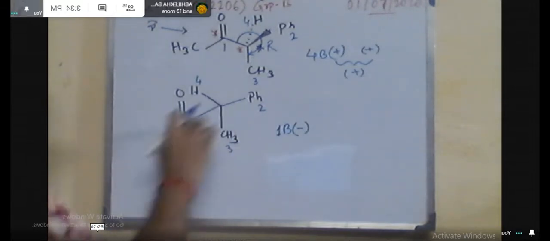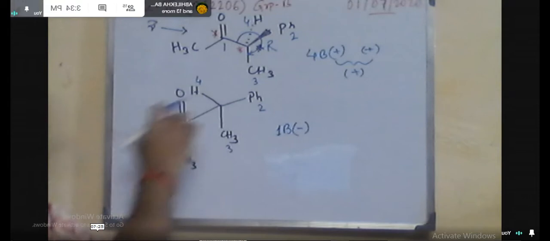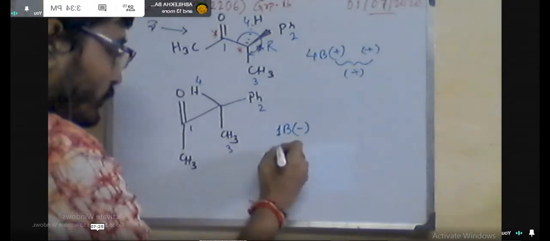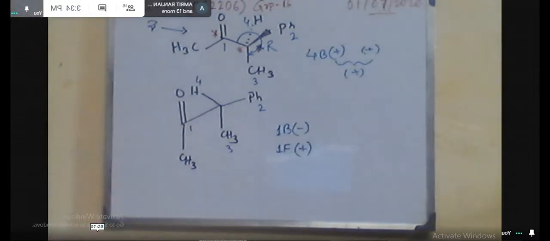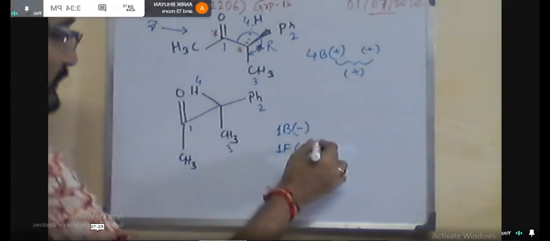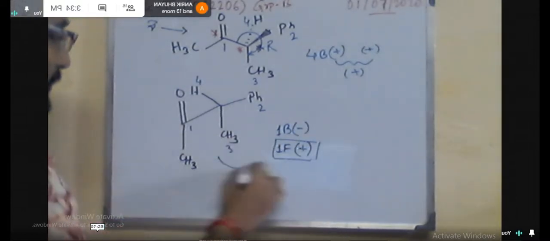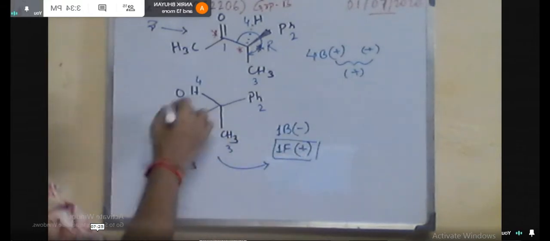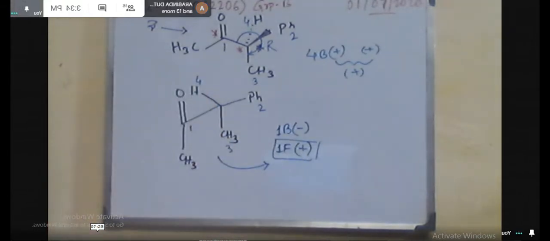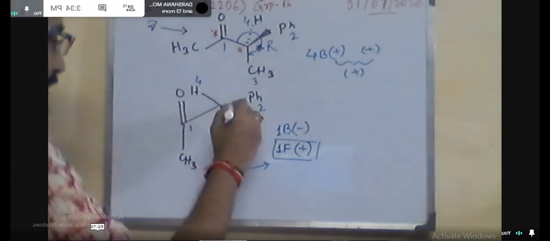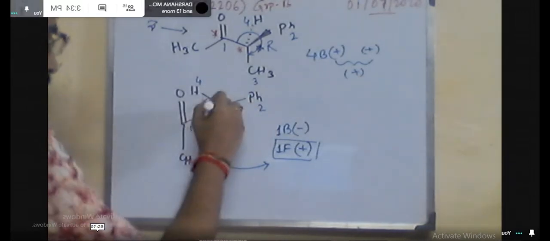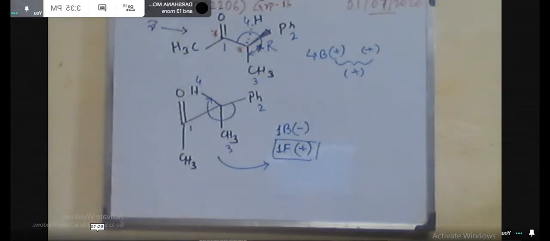So this is our convention. According to this Sawhorse projection, here 1f is plus. Now rotation of the rest of 3 groups, that means 2, 3, 4, is clockwise rotation. So due to this clockwise rotation, it is plus. So plus times plus, that means the configuration R. So this interconversion is absolutely correct.